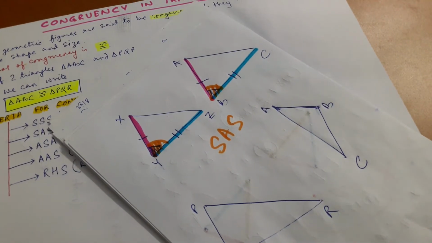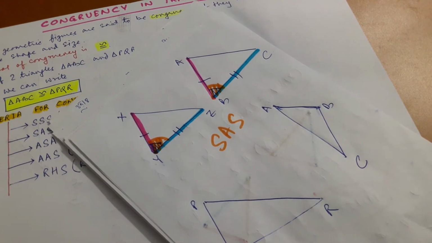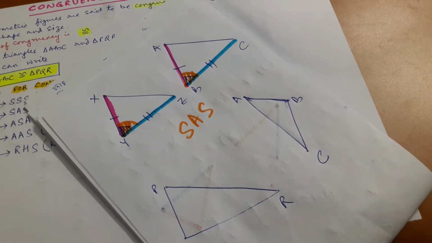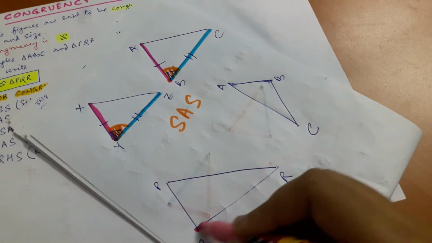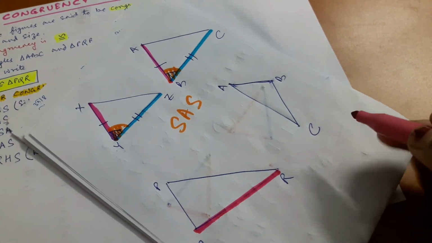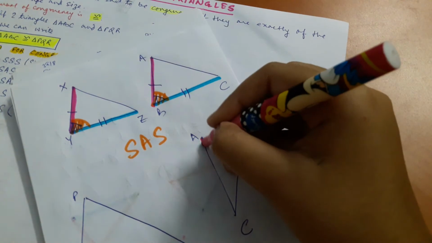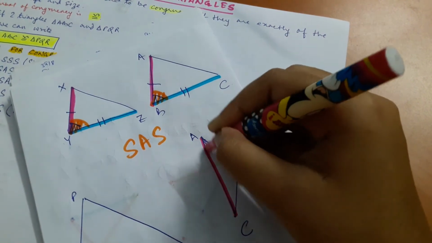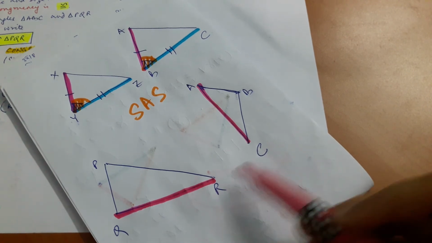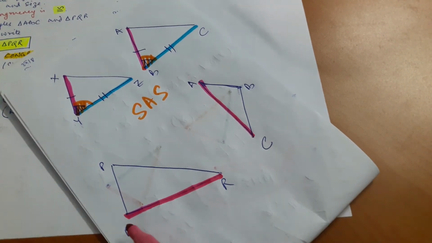Now here I'm just assuming, okay, these two figures are drawn not to scale. We just assume that side QR is equal to side AC. Just we are assuming. Please don't see these two triangles to scale, because I have drawn it by hand.